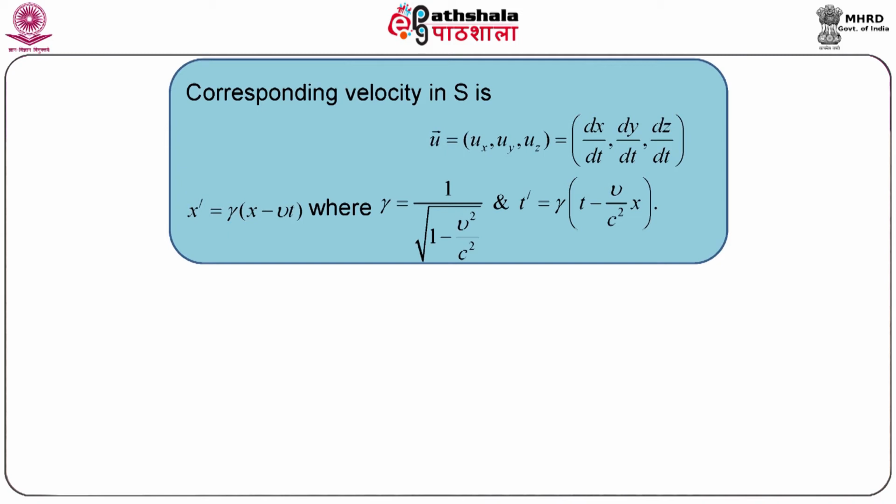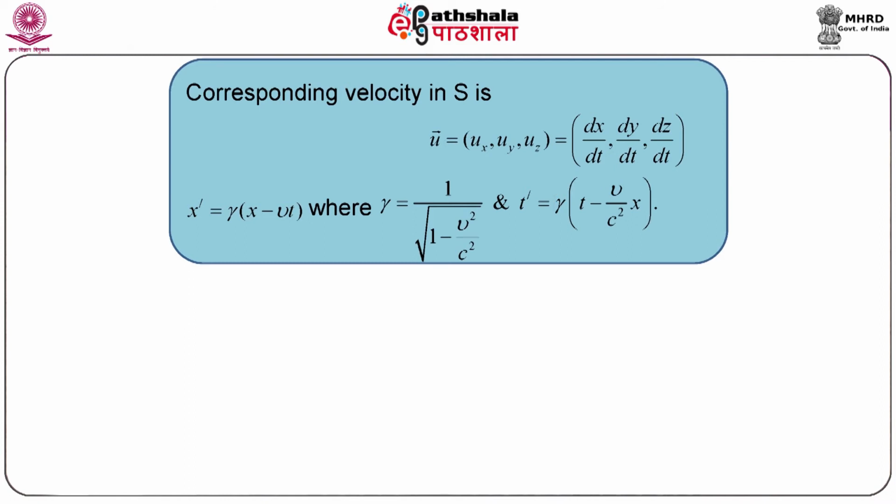From the Lorentz transformation formulae, we have x' equal to gamma into (x minus v into t), where gamma is given by this expression. t' is equal to gamma into (t minus v divided by c squared into x).